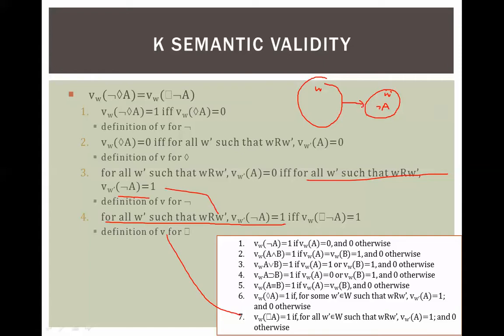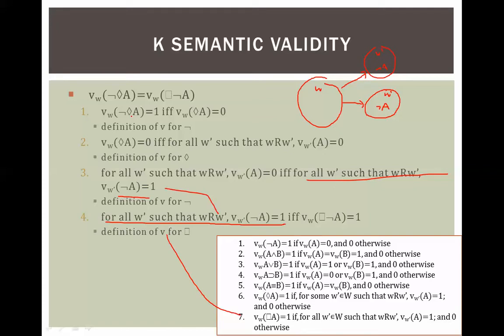Let's pretend W prime is the only world that W is related to. What this is saying is, for all these W primes, not A is true, right? And that's the case if and only if necessarily not A. So for all the worlds that W accesses, not A is true, then necessarily not A is true.